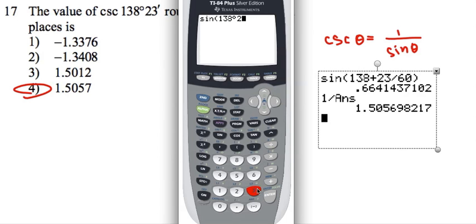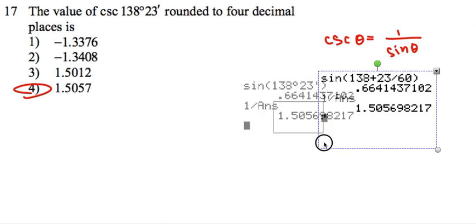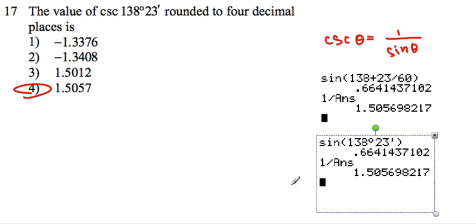So type in 23, second over here, angle, number 2. And if you press it, you see you get the same value. And what we have to do is 1 divided by the answer. So we can do it in either way. Alright, let's move on to the next question.